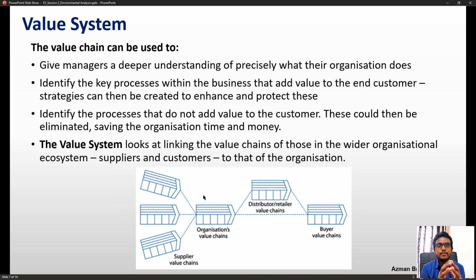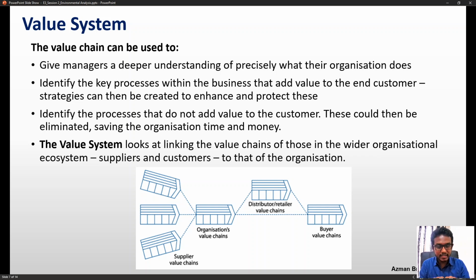If these elements within the ecosystem can work together, if you can work with your supplier, if you can work with your customer, it could be a B2B customer, it could be a distributor, and identify and combine the value chain, ideally creating the supply chain itself.